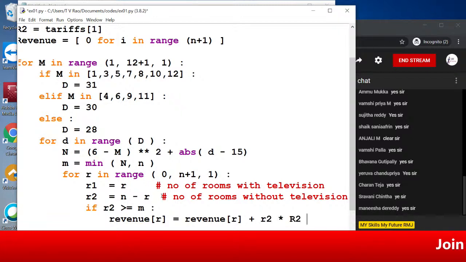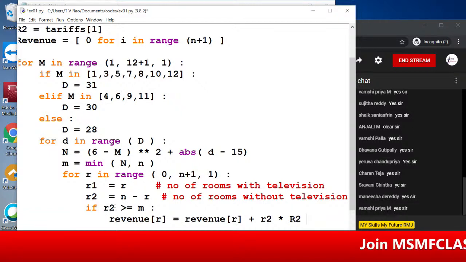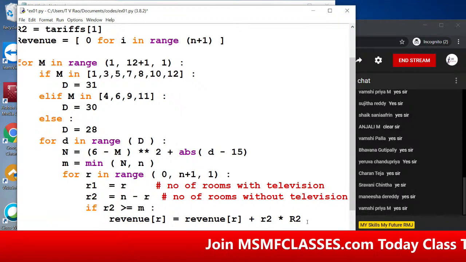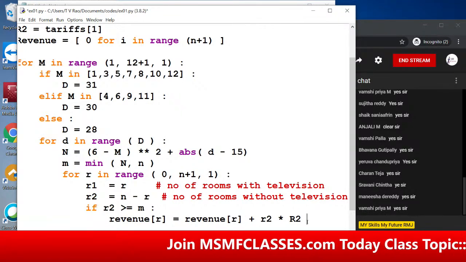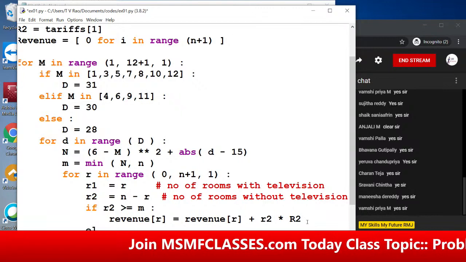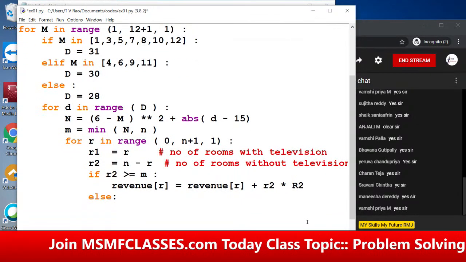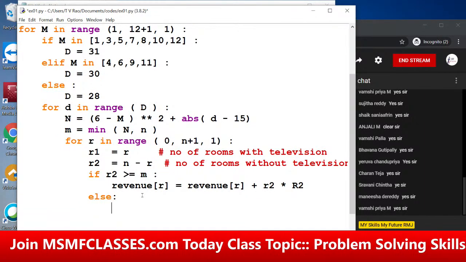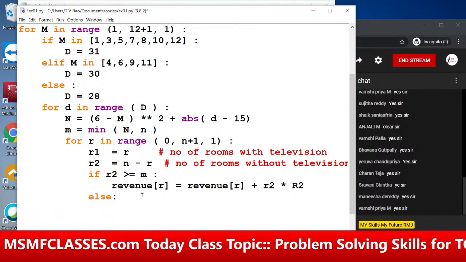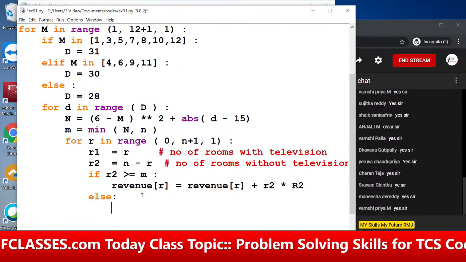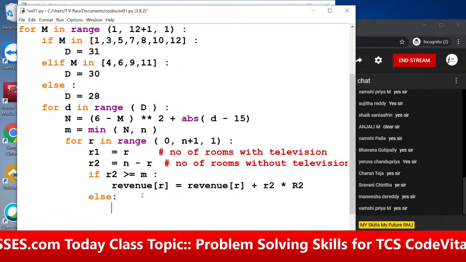If the number of rooms without television is more than the required number of rooms, then all the patients will go for non-TV rooms only. Now, if non-TV rooms are fewer than patients, then patients will go to TV rooms.